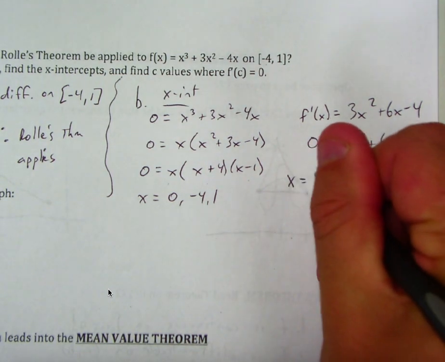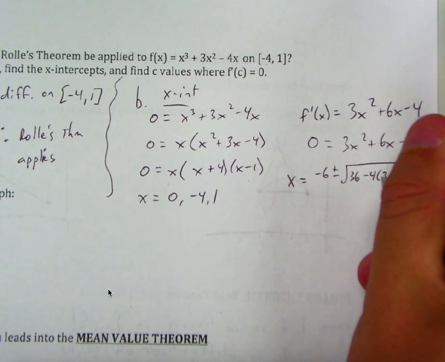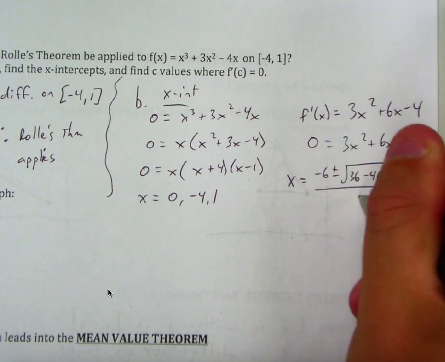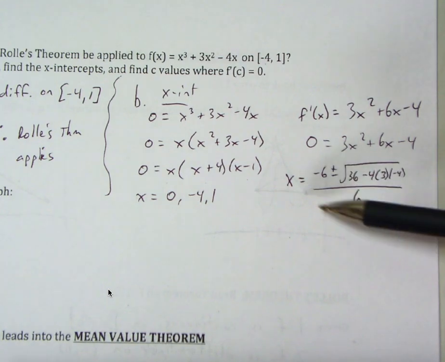x equals negative b plus or minus the square root of b squared minus 4ac all over 2a. And then we can simplify this. You know, what I want to do is graph this. And so I want to take out my calculator and get the actual decimal values.